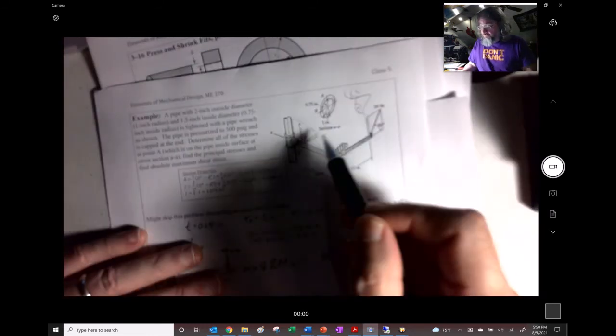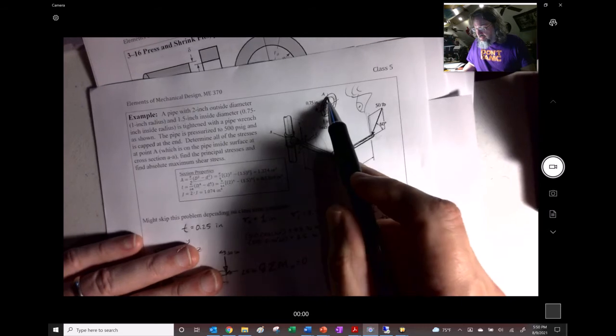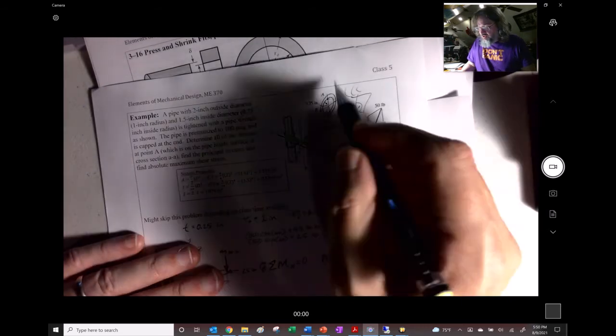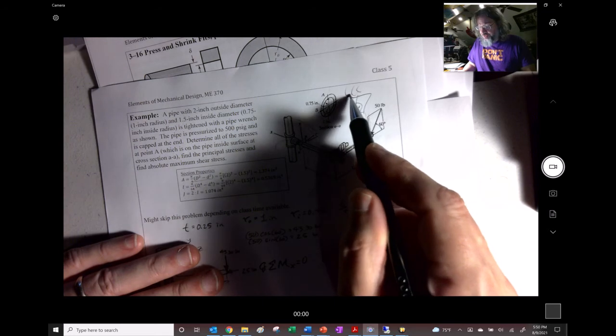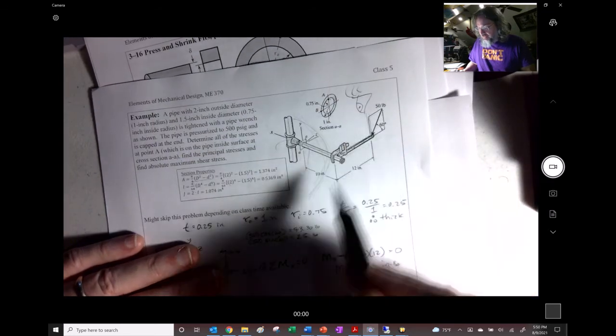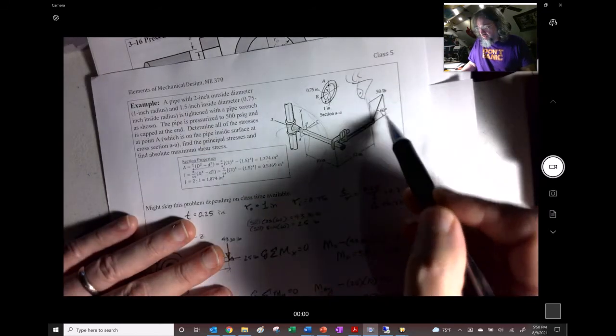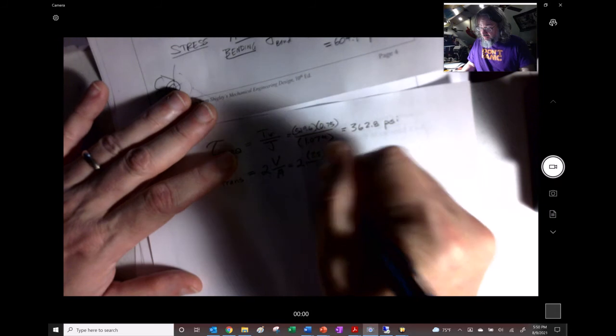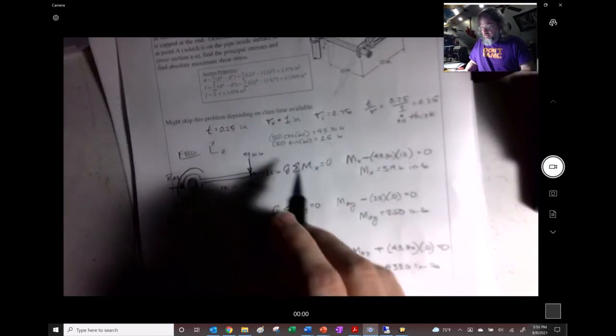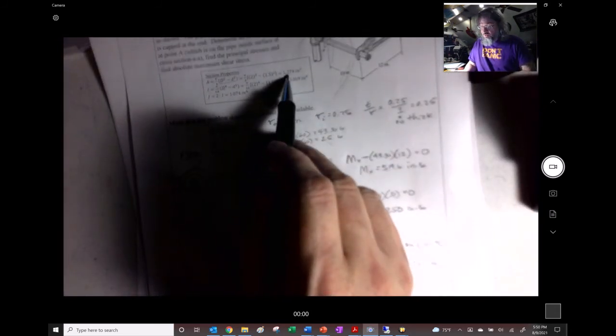Remember, this is at the top of the thing, so the force going through it doesn't cause shear. It's the force coming from the side, and that's this one right here. So it ends up being that 25, so we get 25 divided by A, when A was given as 1.374.